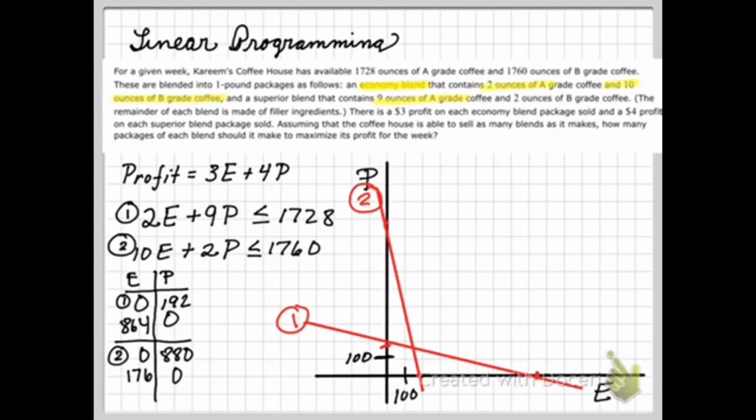Okay, so basically what I've done here is I've graphed the inequalities. Notice a couple of things. One is I number my inequalities where they're written, and then I'm able to number them on the graph so that I'm going to be able to keep track of where I am with things.